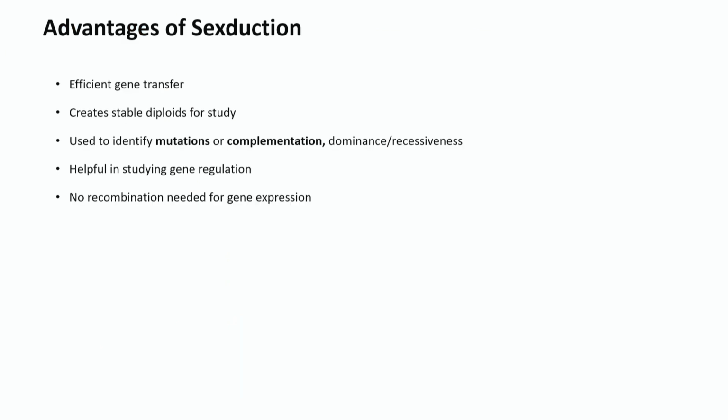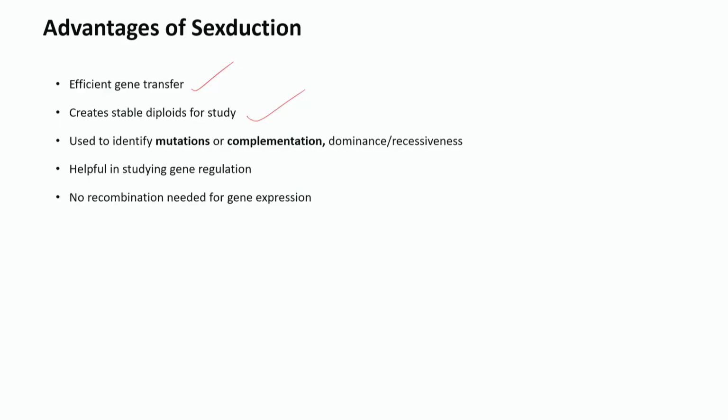So the advantages of sexduction: it is an efficient gene transfer method, right? It creates a stable diploid for study. In a haploid situation, you may not be able to understand which allele is dominant and which is recessive, because in a haploid condition whatever allele is present is going to be expressed. But if you need to know that, you need to have the other allele.